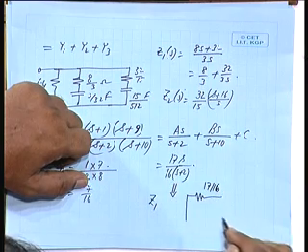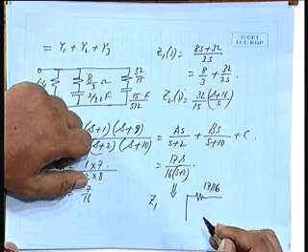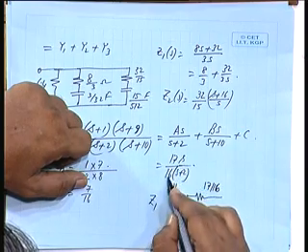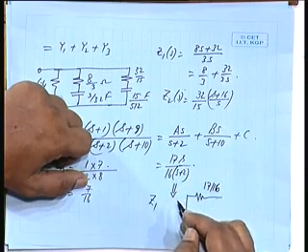And if I make s tending to 0, then this will go to 17s by 16 into 2, 17 by 34 into s, is the impedance of what?